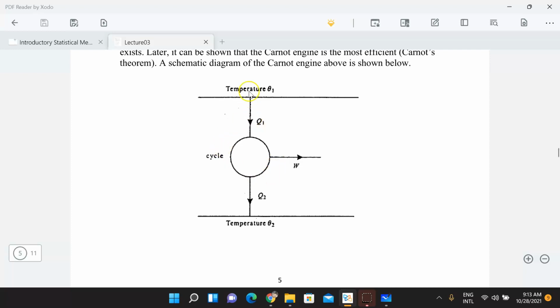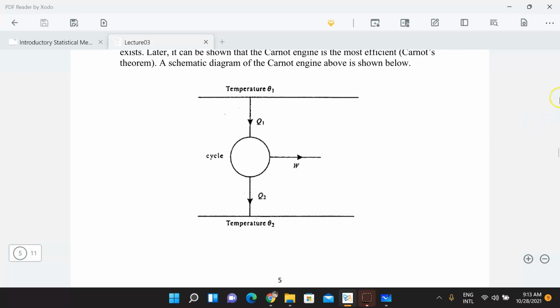This Carnot cycle takes heat from the hotter heat bath, does some work, and then releases the energy from the system to another heat bath at a lower temperature. That is essentially the picture of the Carnot engine that we introduced earlier.